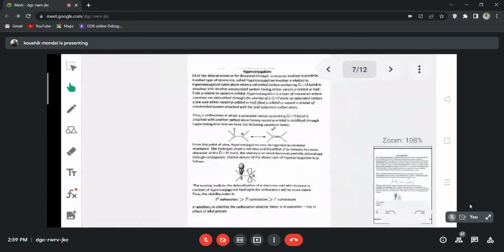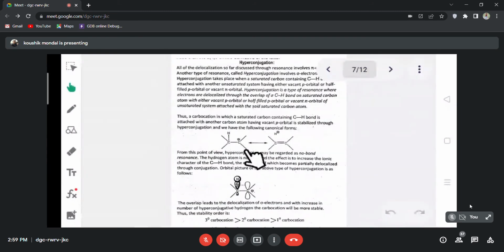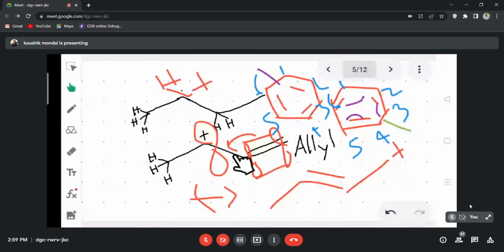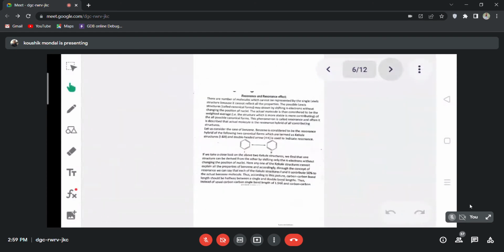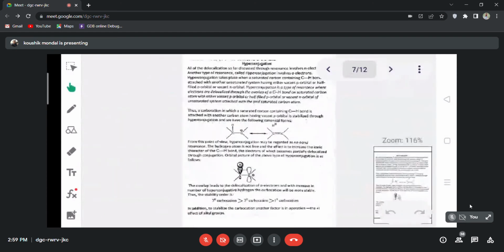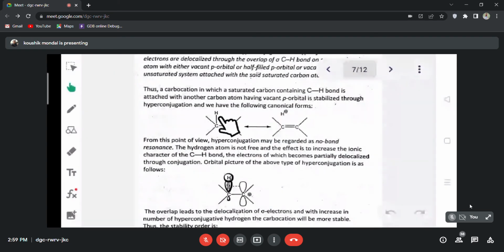hyperconjugative effect. In this hyperconjugative effect, see there is a carbocation, similar to the previous, but in the previous case there is a pi bond behind this carbocation. In this case, the electron of the CH bond basically delocalizes to form this type of canonical form.